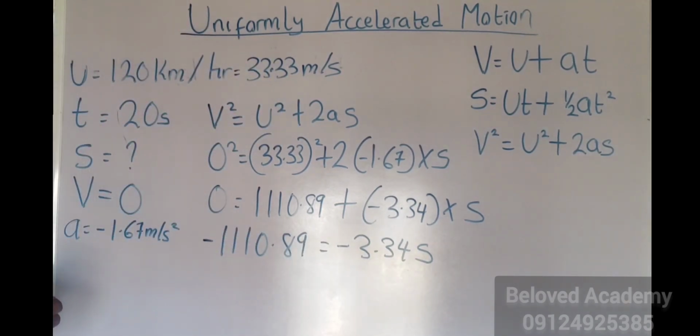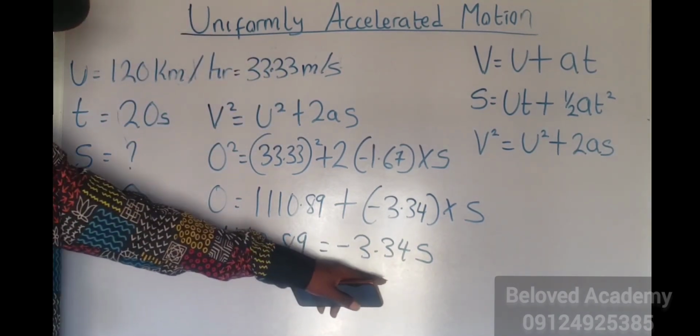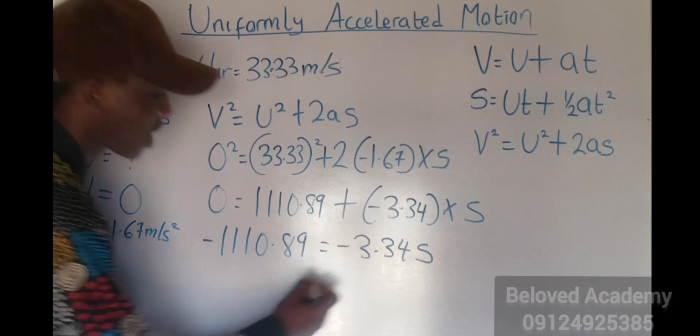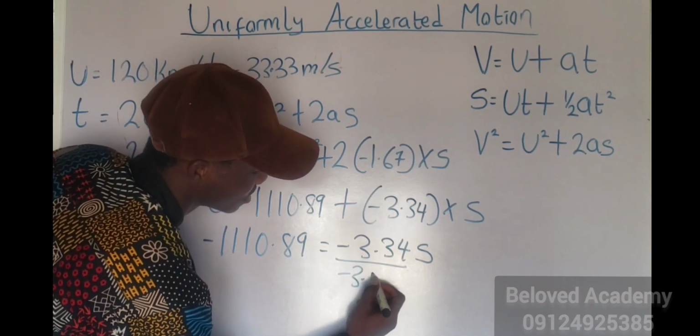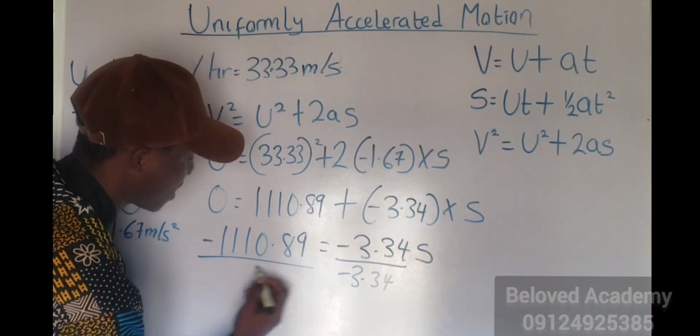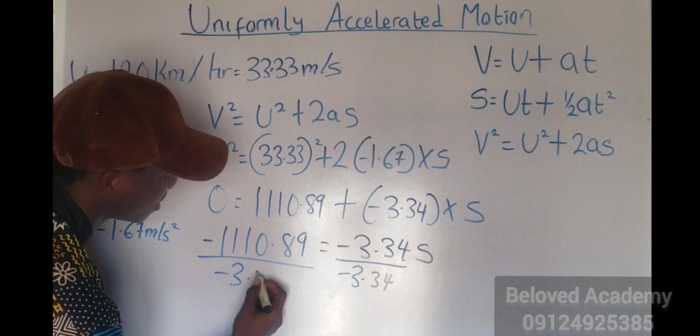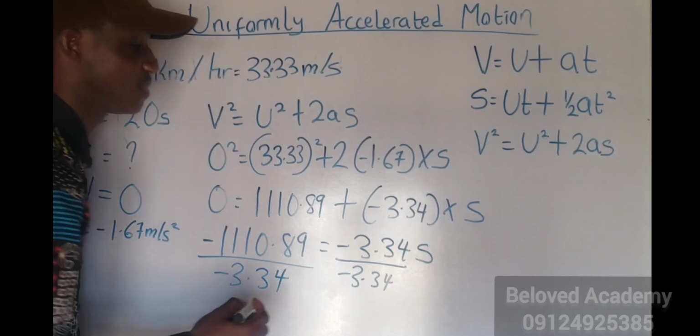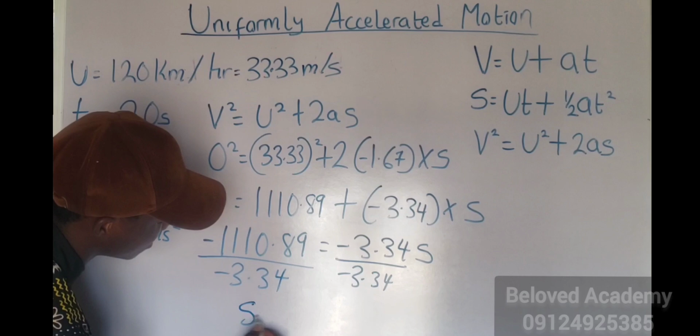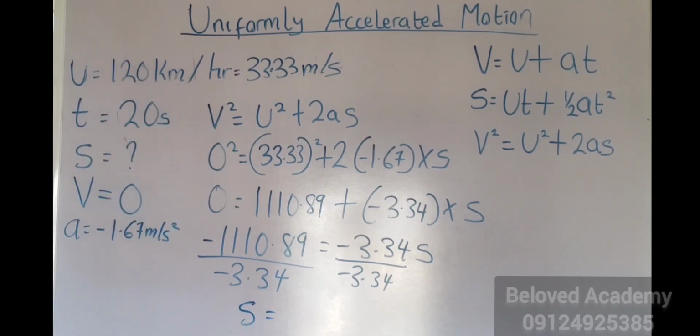The next step is to divide both sides by negative 3.34. So I'm going to have this over negative 3.34 and this over negative 3.34. So S will be equal to negative 1110.89 divided by negative 3.34.